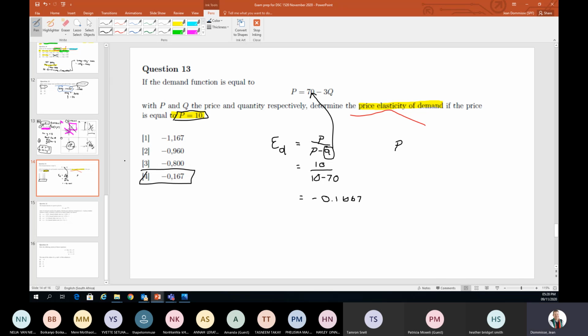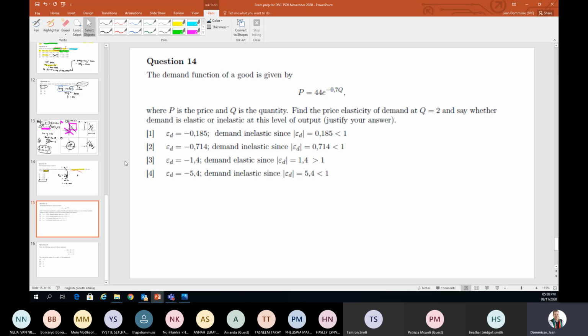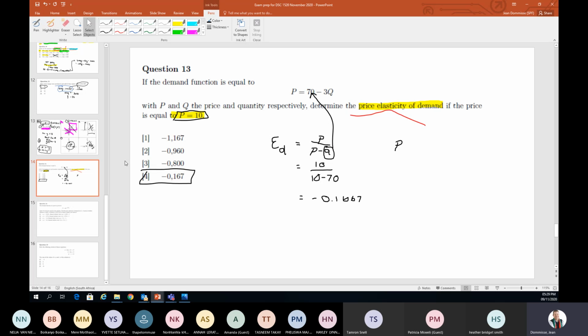I've done elasticity for the quadratic, so I will just check where that can be, if I can get something for you on the quadratic, because isn't that maybe one of the next ones? So that was the straight linear equation, and with a linear equation we can use that formula.